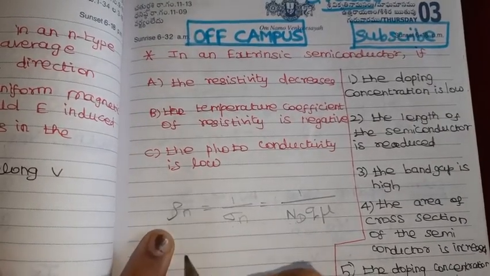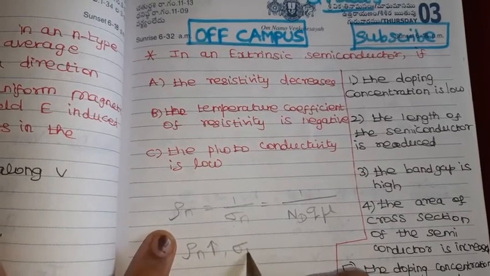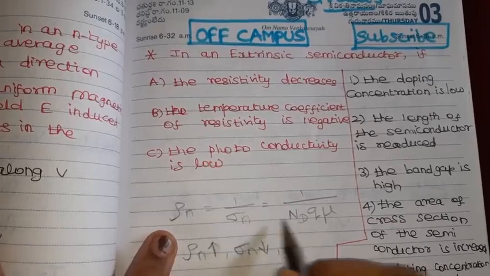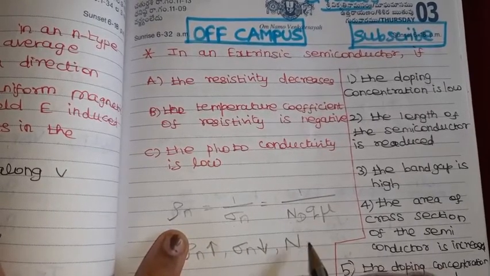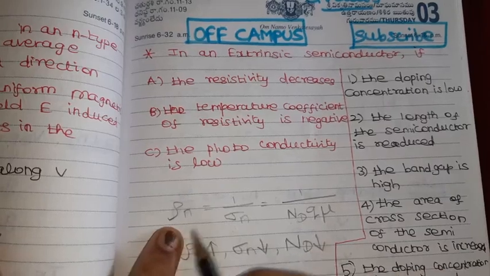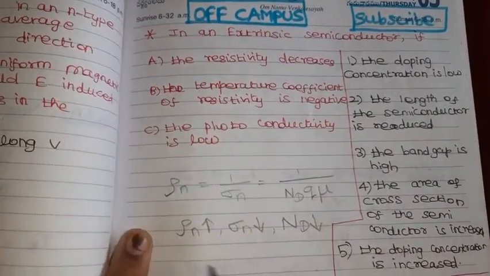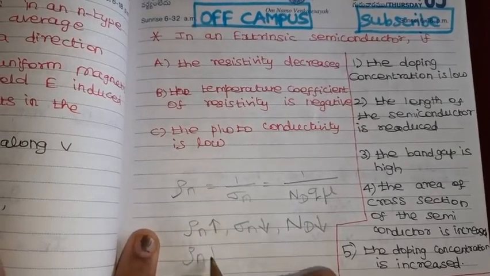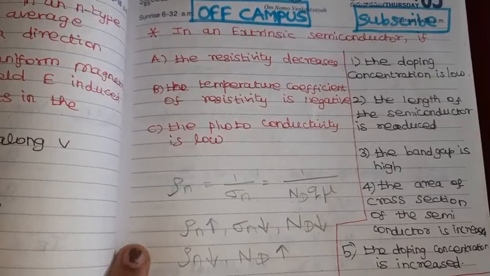So if resistivity increases, the conductivity decreases, and then the donor impurity concentration, the doping concentration, also decreases. If resistivity decreases, the doping concentration will automatically increase.